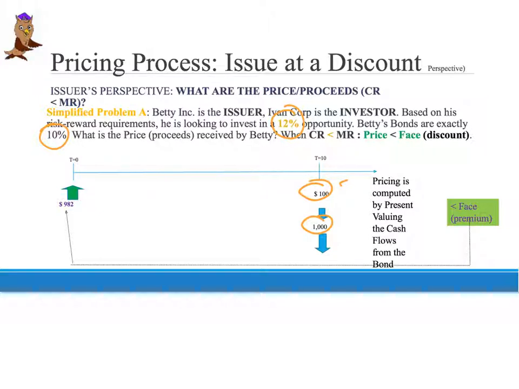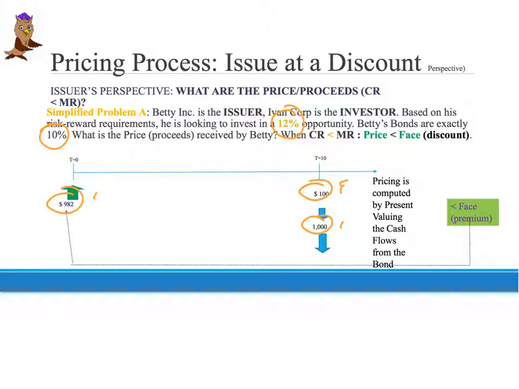This amount really represents a 10% return, but the investor wants 12%. So to make up for it, they're only going to have to pay $982. If we apply the market rate using the present value calculation to these cash flows, that gives us the $982.